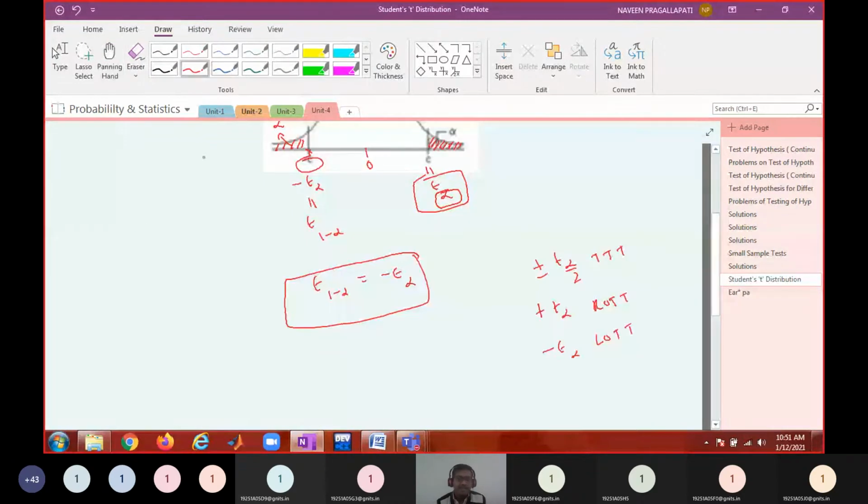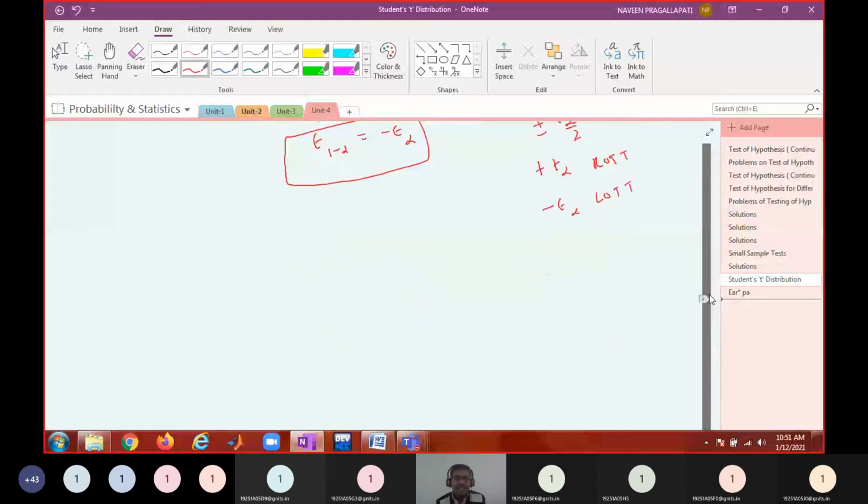How do we find the critical values? After choosing a left one-tail test, right one-tail test, or two-tail test, you are going to find T alpha. Let us say you are taking alpha equal to 0.05 and applying a two-tail test.